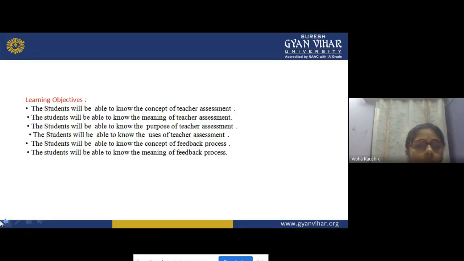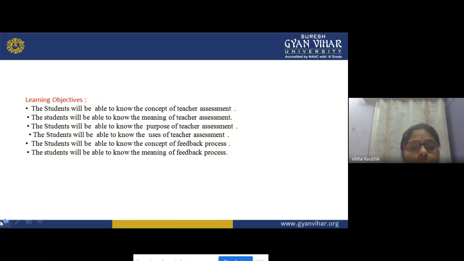Now, what are the learning objectives of today's topic? The student will be able to know the concept of teacher assessment. Second, the student will be able to know the exact meaning of teacher assessment.